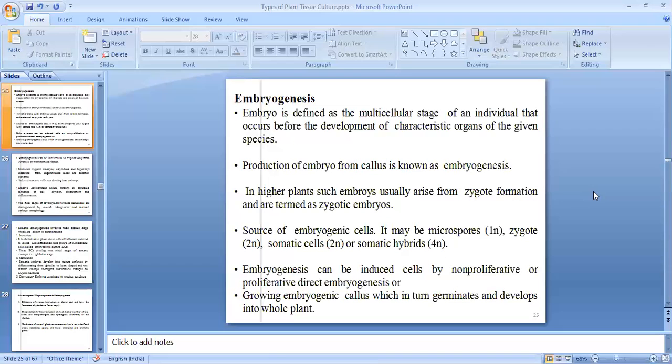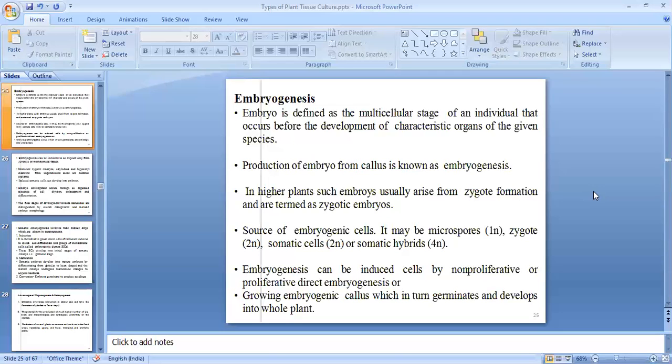And if you see the sources of embryogenic cells, they may be microspores, that is 1N, you can call it. And zygote has 2N configuration, and somatic cells as well 2N, and the somatic hybrids will have 4N.